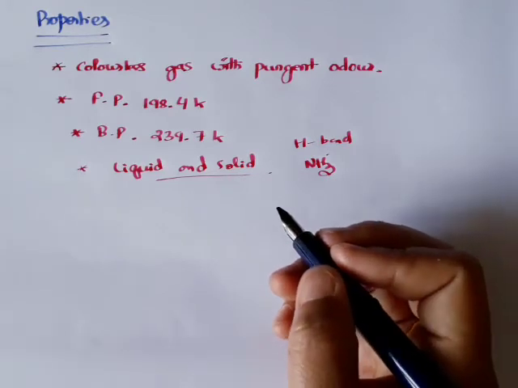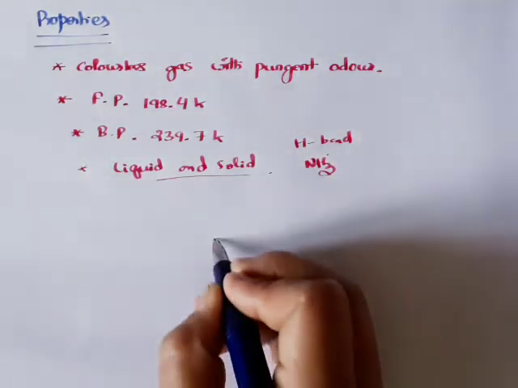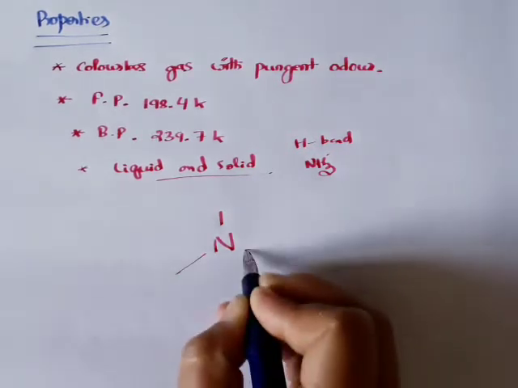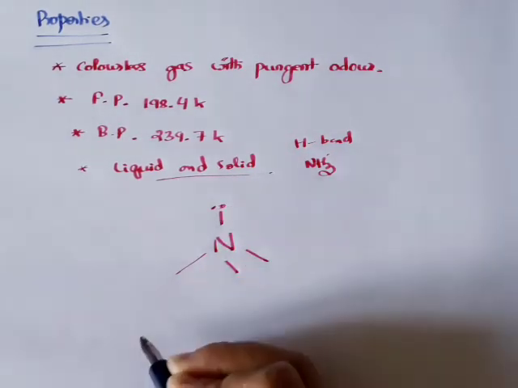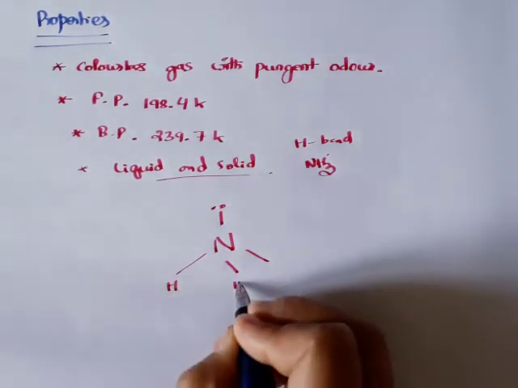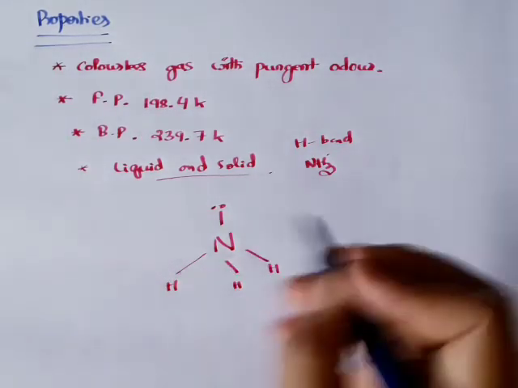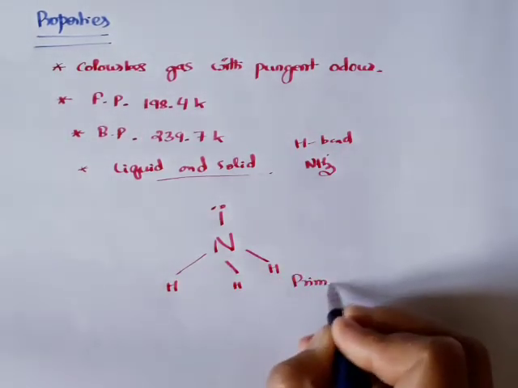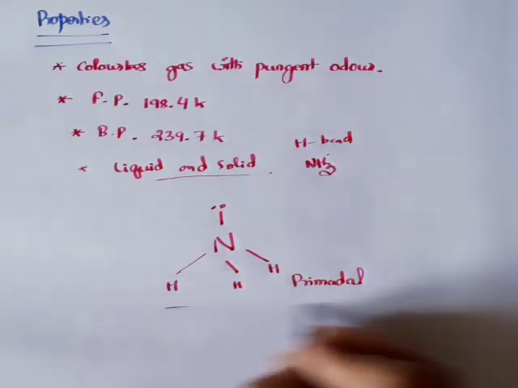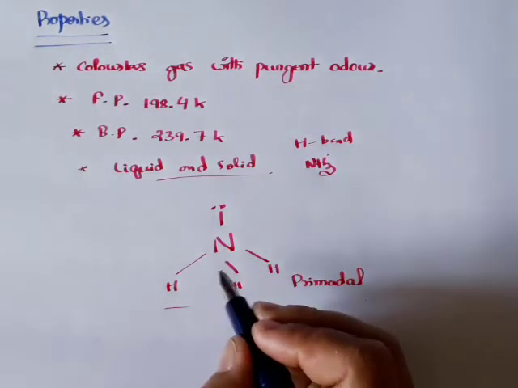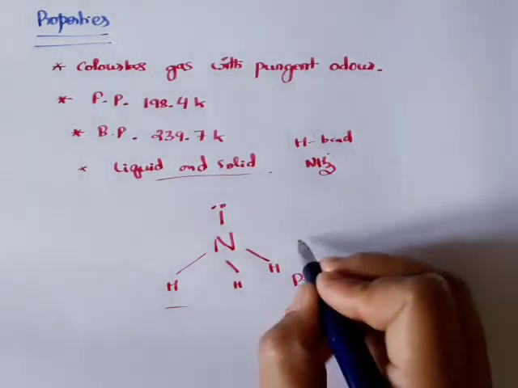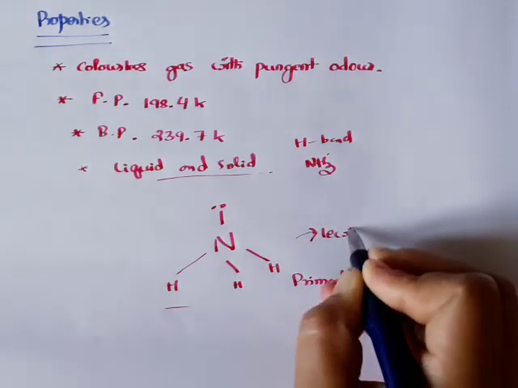For this reason, the boiling point of ammonia is very high. We know the structure of ammonia, right? It has sp3 hybridization with one lone pair, so 3 bond pairs and 1 lone pair. The structure is pyramidal. Because of the presence of this lone pair, it acts as a Lewis base.